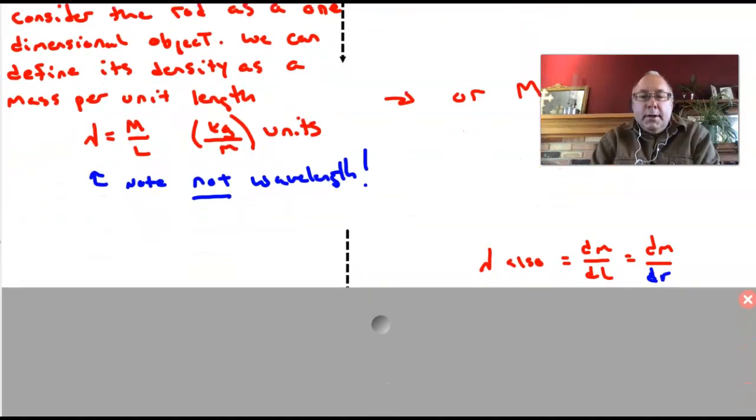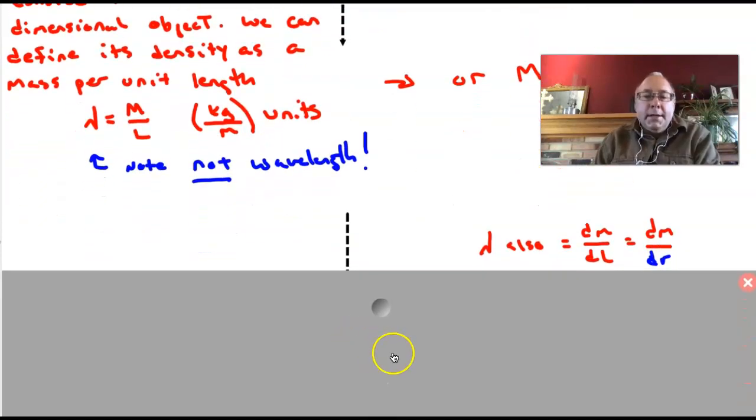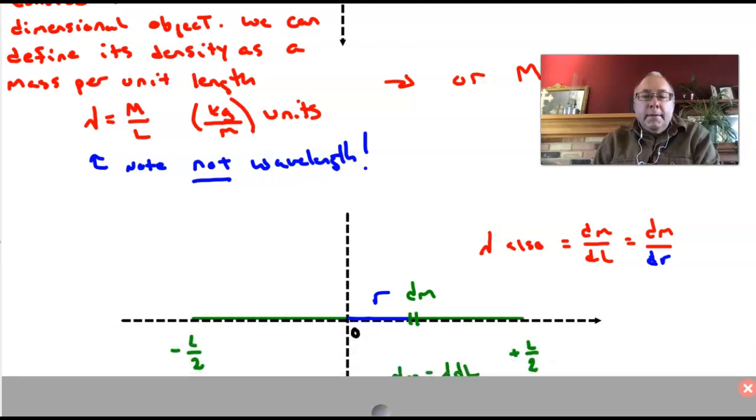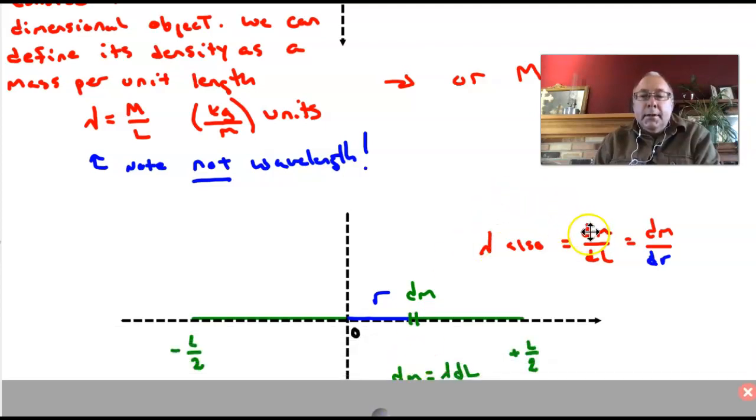Okay, so the other thing we can realize is that if we shrink the portion of the mass down to some little dm element, then that same ratio dm over dl, or dm over dr, kind of the same idea there, would also be that same constant density.